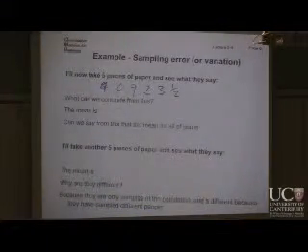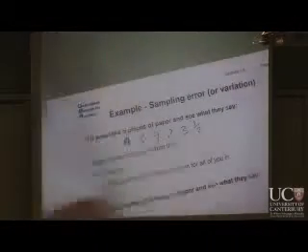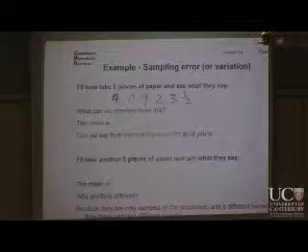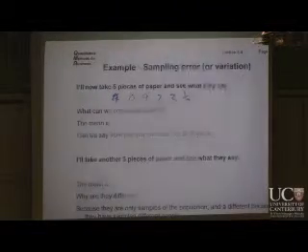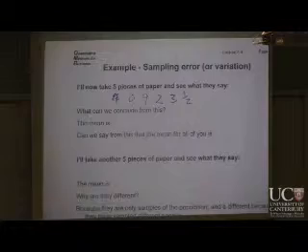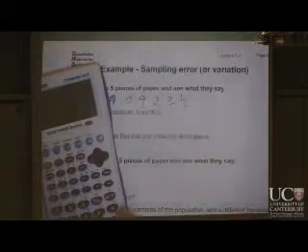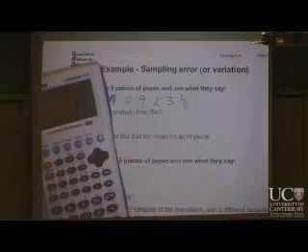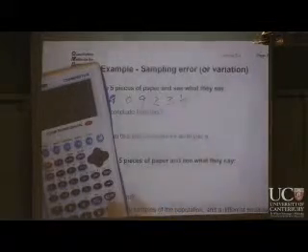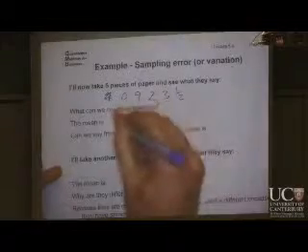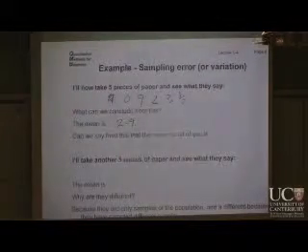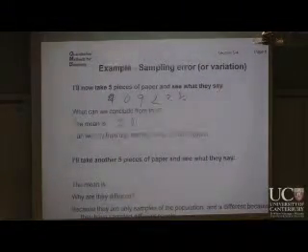Anyone tell me what the mean is? Anyone got a calculator on them? Okay. 0 plus 9 plus 2 plus 3 plus 0.5, divided by 5 equals 2.9. Okay, so the mean for those 5 was 2.9 hours.